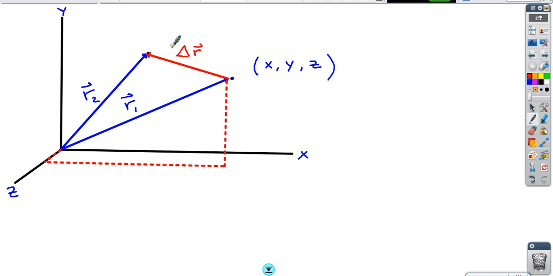Now, how is the displacement related to r1 and r2? Well, if I can try to switch these vectors around, you should already know the answer to this, but we're going to just double check to make sure. If we were to take these three vectors, let's say it was tip to tail.